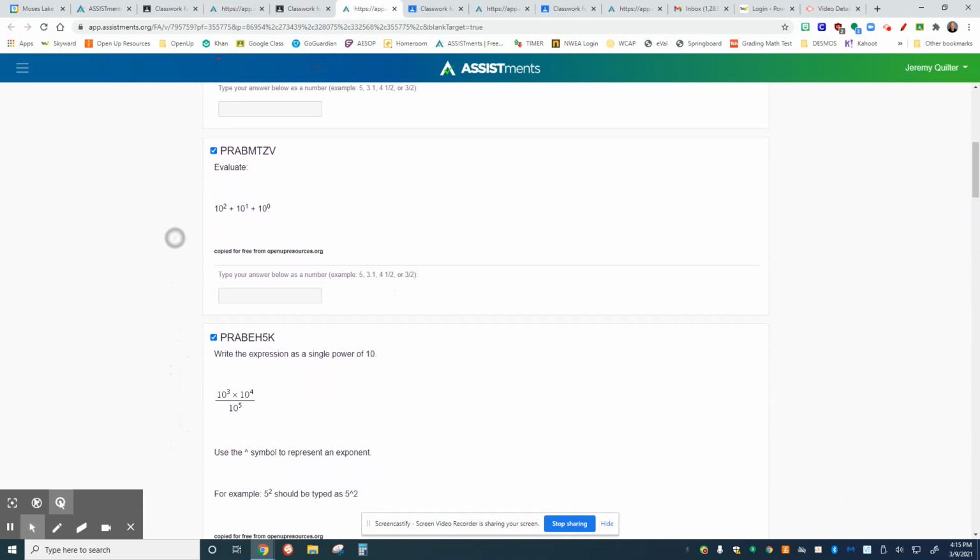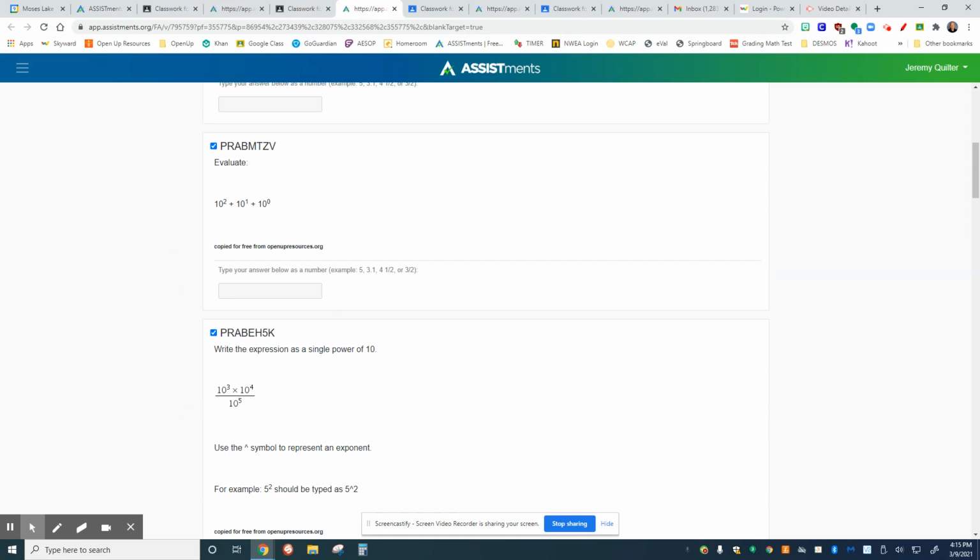In the next problem, be super careful here because, well, we're being a little tricky. See these little symbols right here? Whoops. This one and this one. Notice that those values say plus, so we need to carefully think about what is 10 to the second power. That would be 100.